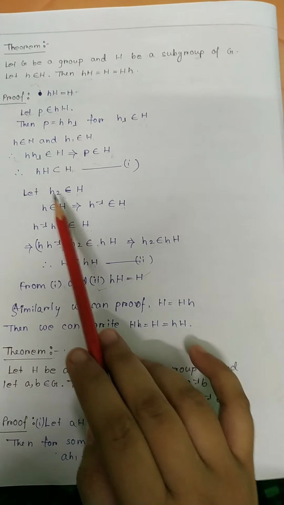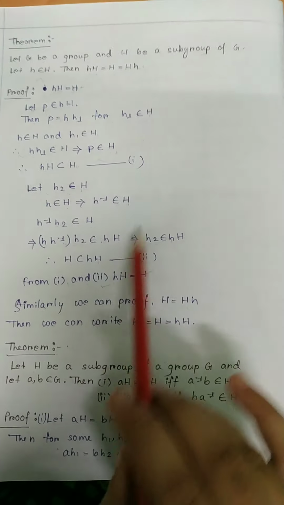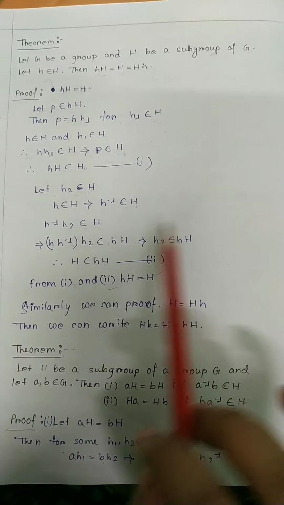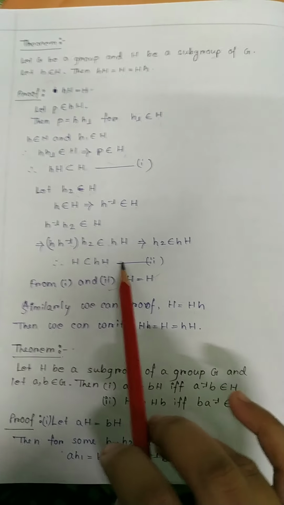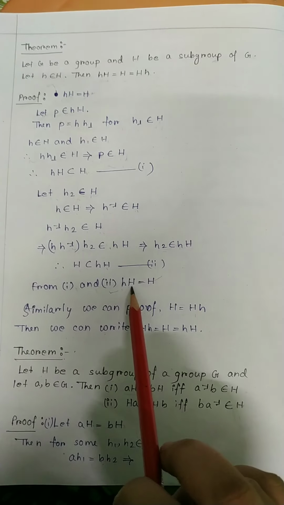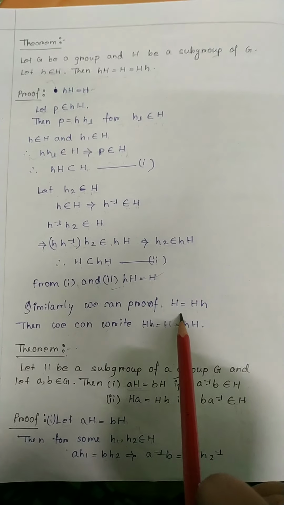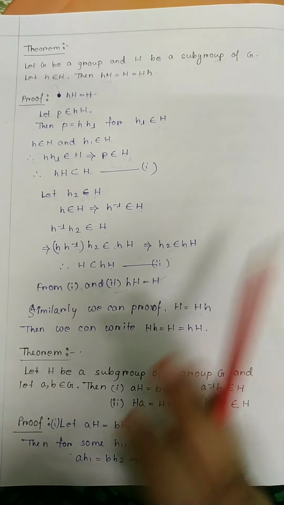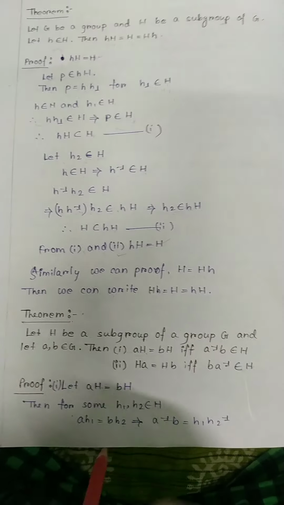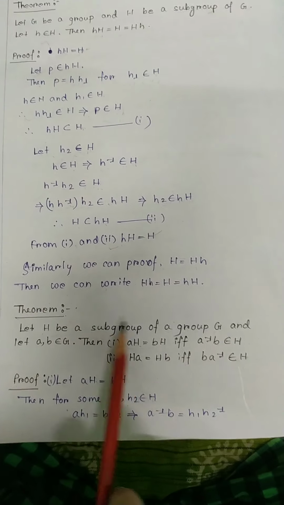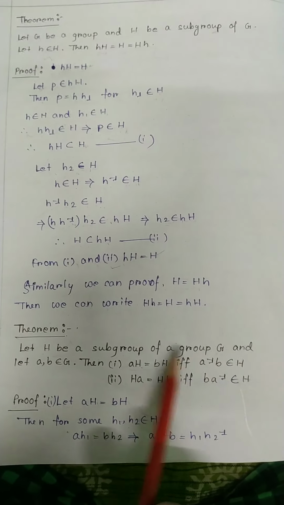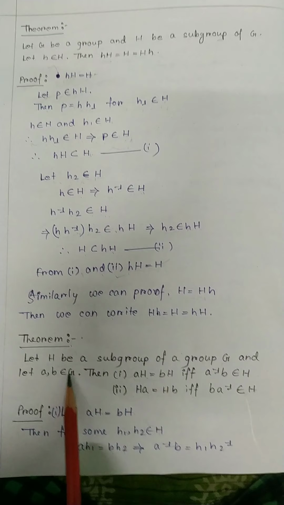So H is a subset of hH. From 1 and 2, hH = H. Similarly, we can prove it for the right coset. Then it completes the proof. Then the next theorem. Let H be a subgroup of a group G and let a, b belong to G.